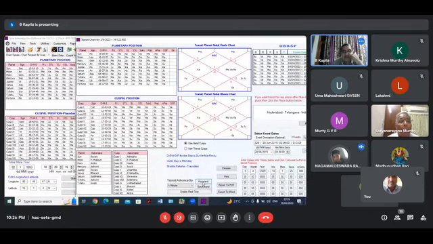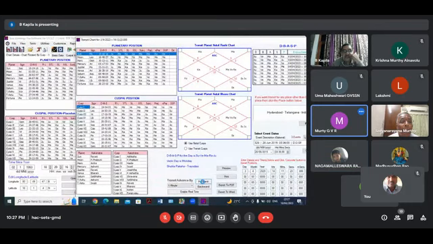Saturn, sir, not okay. Next Mercury. Next to Mercury. This is Mercury, okay.